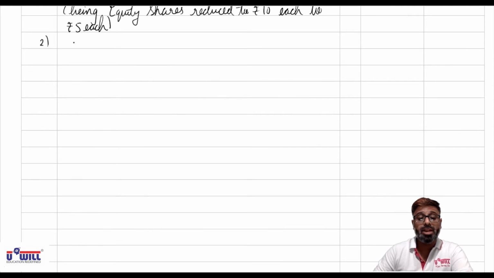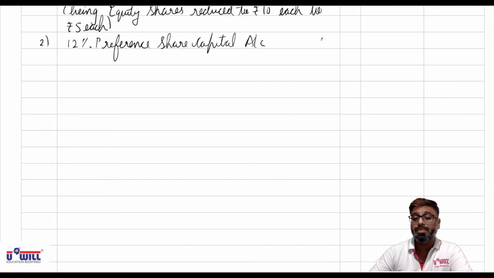So second entry, 12% preference share capital account debit. No old face value because face value is not changed, to capital reduction account. Even the rate of dividend is remaining the same. So straight away we transfer the amount to capital reduction account.